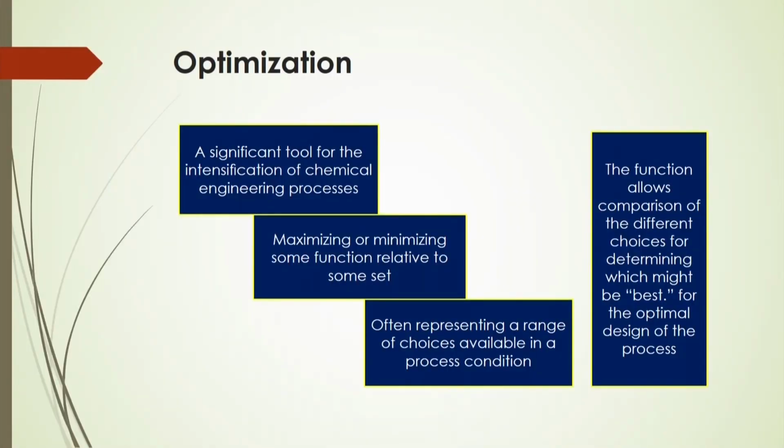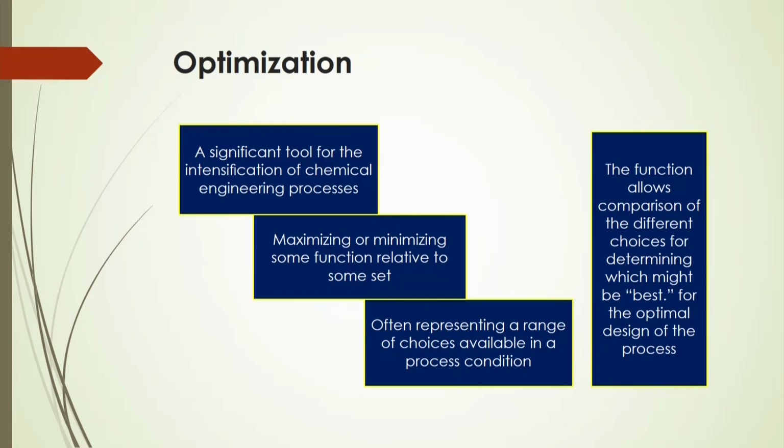Now, what is optimization? Generally, optimization is a tool for the intensification of chemical engineering processes, and it can also be used for other types of processes.